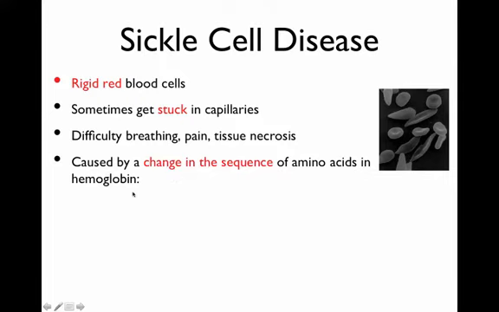Now, we talked about hemoglobin in a previous section. We said that hemoglobin is a protein molecule whose job is basically to pick up oxygen from the lungs and transport it to other tissues in the cell. Hemoglobin is found in red blood cells. So as your red blood cells are moving through your body, they are carrying around hemoglobin protein molecules.